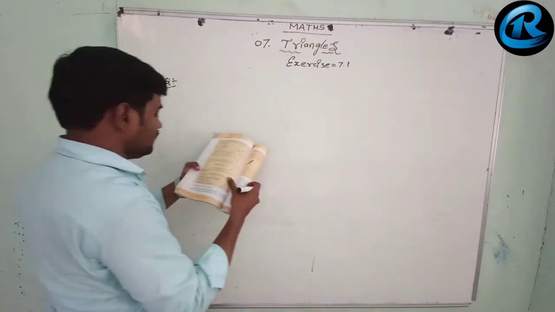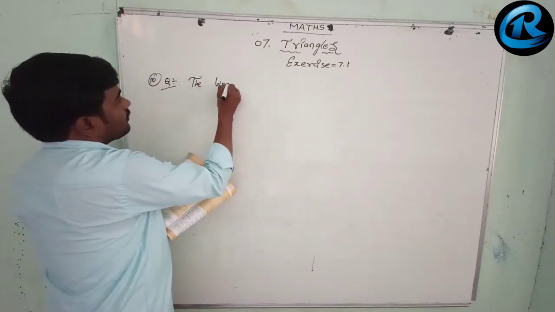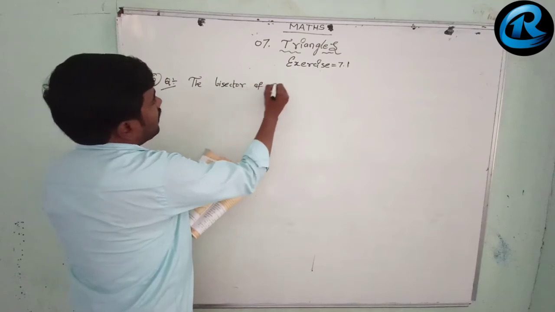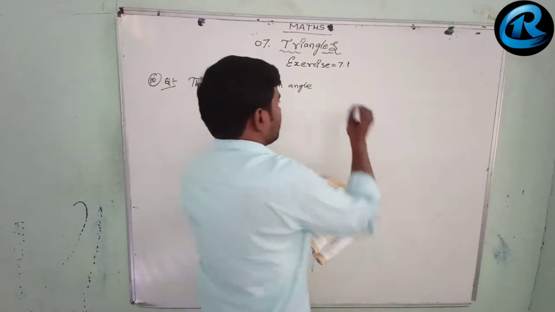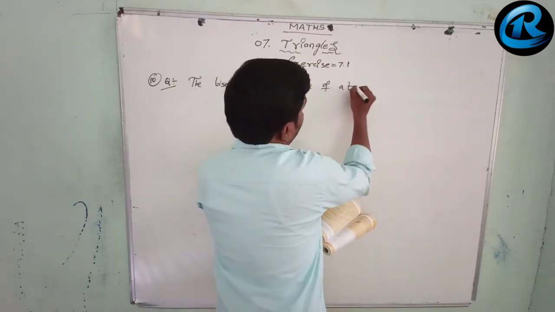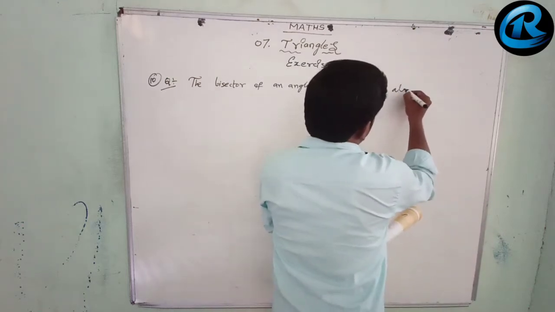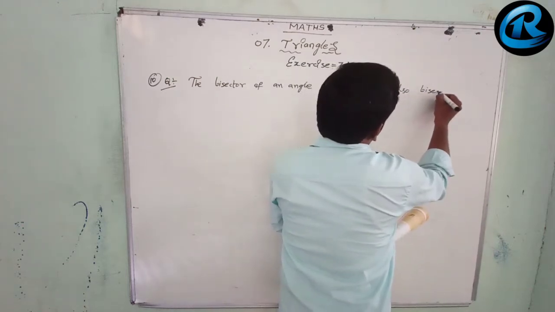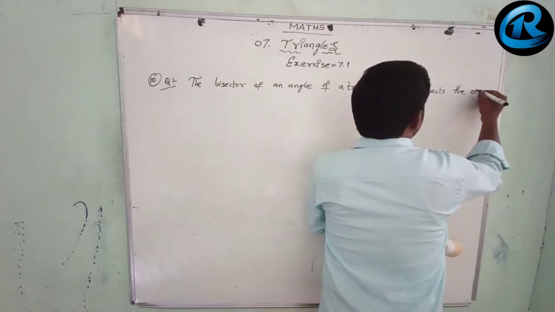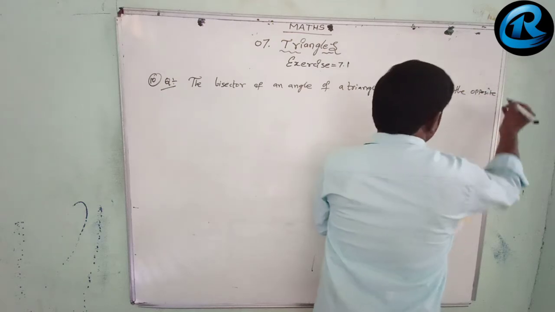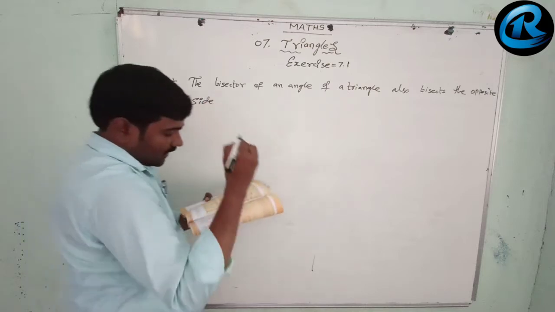The question I am going to write here. The bisector of an angle of a triangle also bisects the opposite side.